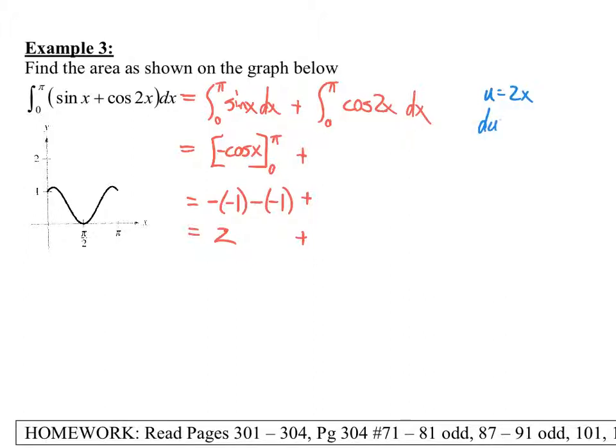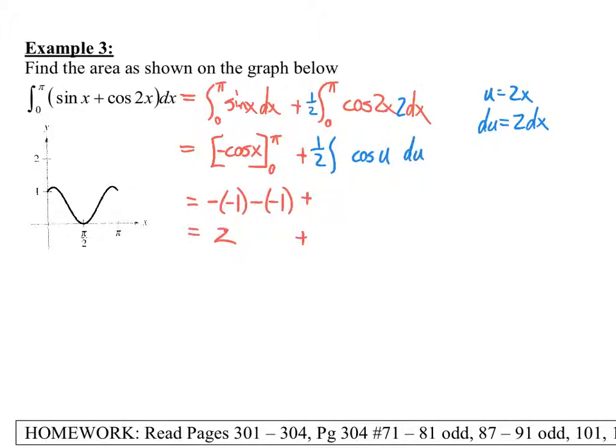So du is 2 dx. Alright. So I need a 2 here, which means I need a 1/2 here, right? Now, let's change the variable completely, okay? Because right now, I'm going to have 1/2 integral of cosine of u du.